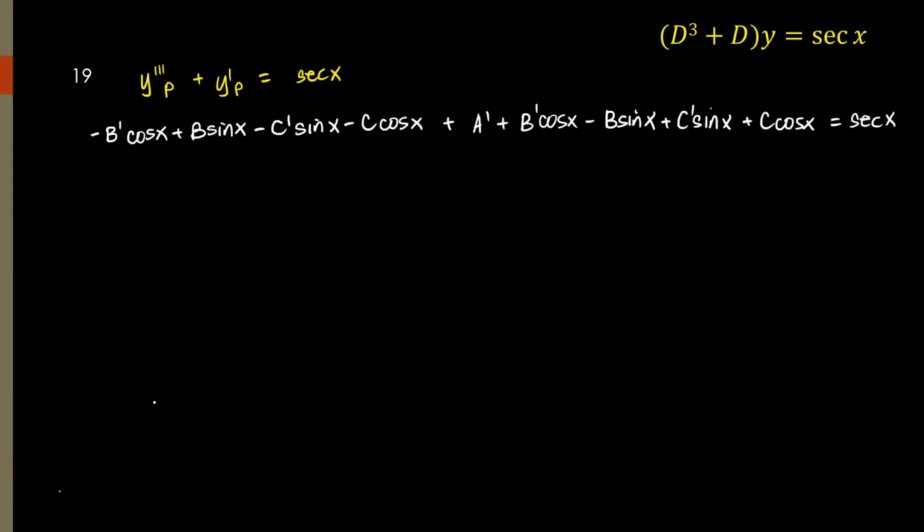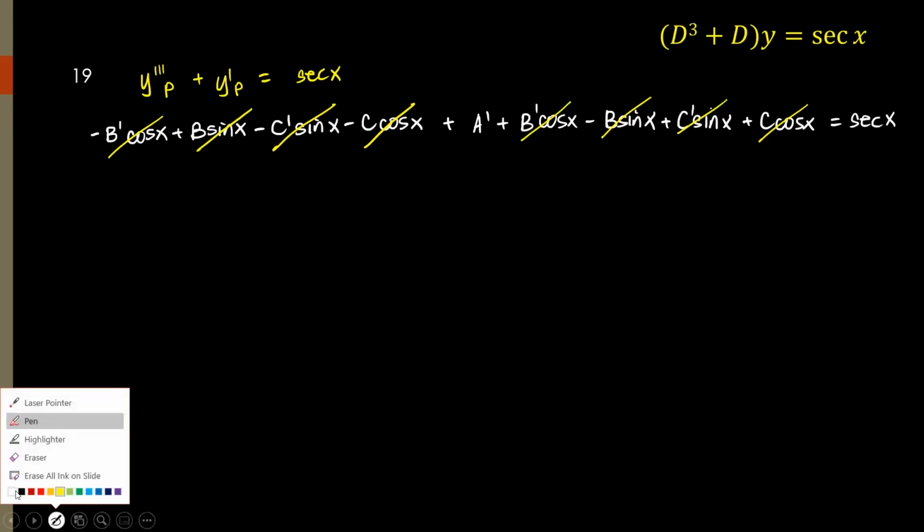If there are things that can be canceled, the b sine x cancels out, the c cosine cancels out, the b prime cancels out, the c prime cancels out.